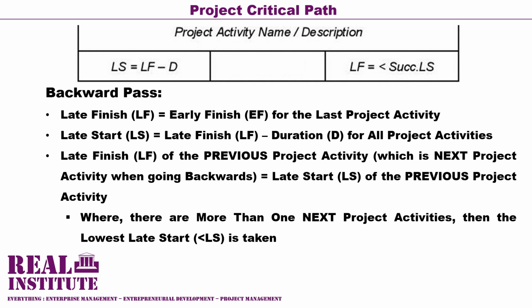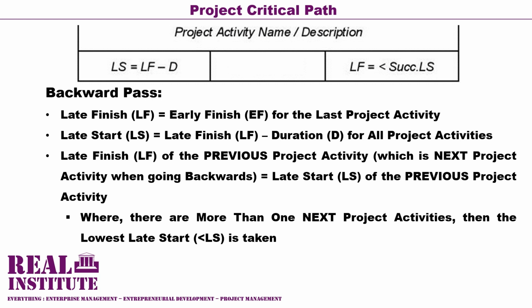And then the second rule of the backward pass analysis is that the late finish values of the rest of the project activities are the late start values of their successors. That is, we simply move the late start value of a succeeding activity to be the late finish value of its preceding activity.